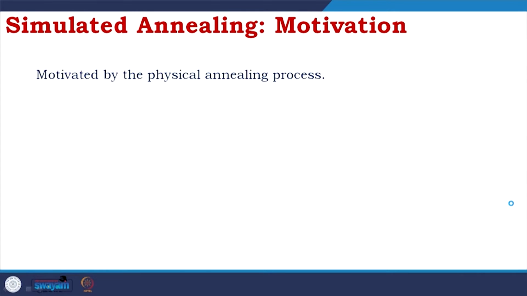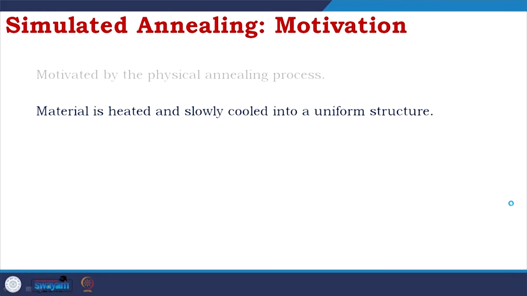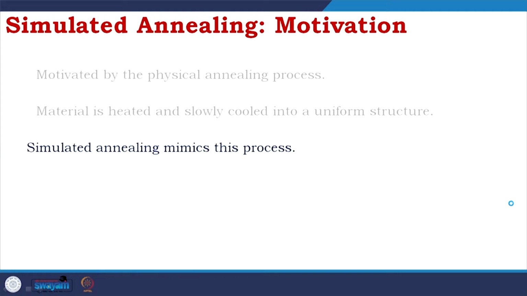So, it is a computational heat provider. Material is heated and slowly cooled into a uniform structure. Simulated annealing mimics this process. So, it provides heat and then goes for cooling down.